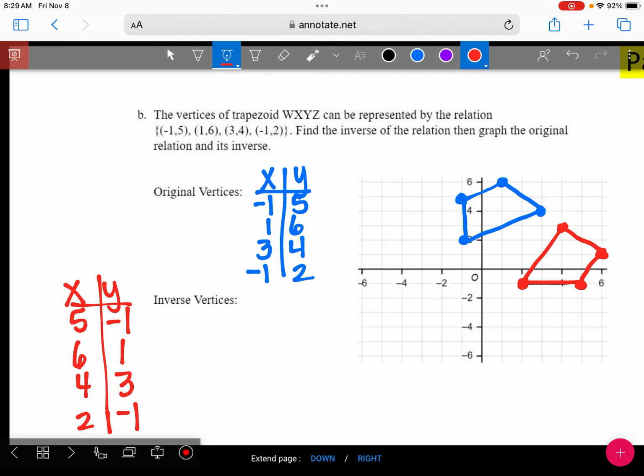Let's go ahead and graph our last shape, but I'll give you all a minute to finish this one because we have time. And that's why I said 2 different colors. And on the test, because I need to be able to differentiate the original from the inverse. So that's why we use 2 different colors when we graph it.